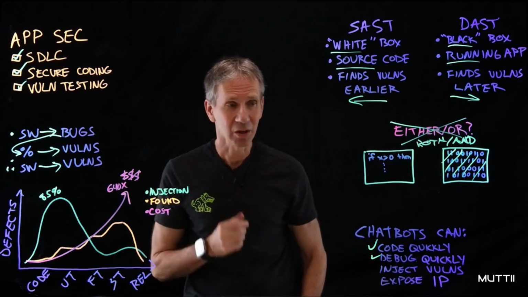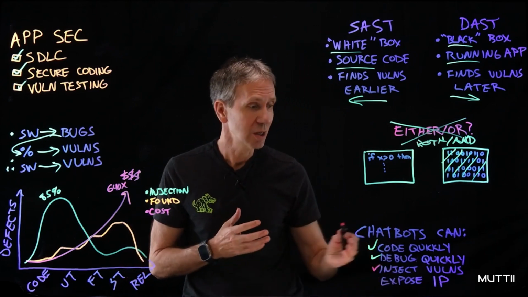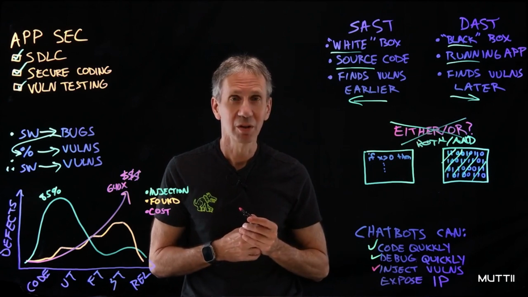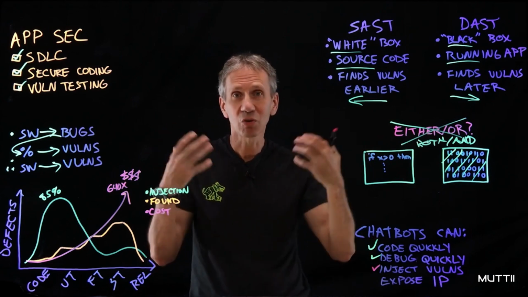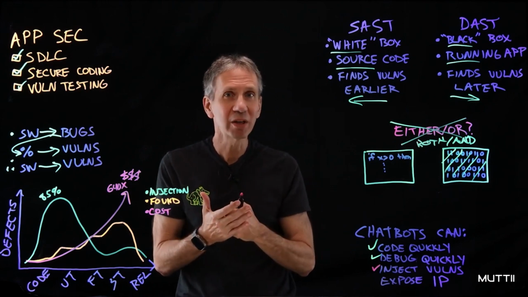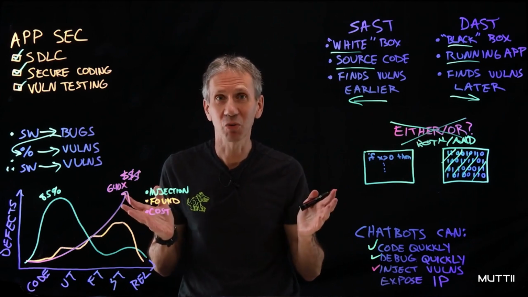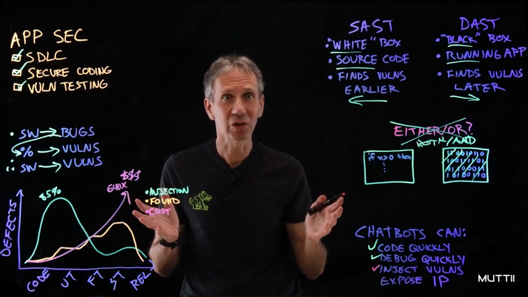However, there's a downside. The downside is it could also potentially inject vulnerabilities. So that is, when we get source code back, we could inspect that, but probably you went to the chatbot because you had a lot of code you wanted it to write for you, not just 12 lines of code, because that you could have done on your own.